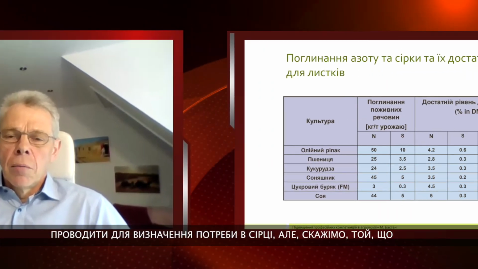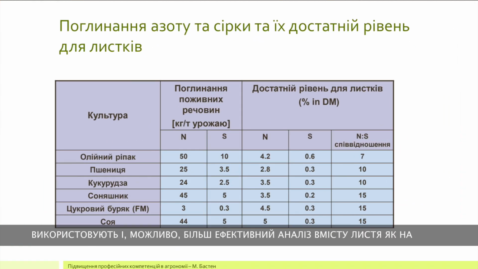I have mentioned that soil analysis can be done to derive the sulfur need, but more in use and probably also more efficient would be an analysis of the leaf contents of both nitrogen and sulfur. This gives you an indication of the critical level of sulfur you should have in the leaves or in a tissue sample, to make sure that the crop doesn't suffer from sulfur deficiency.